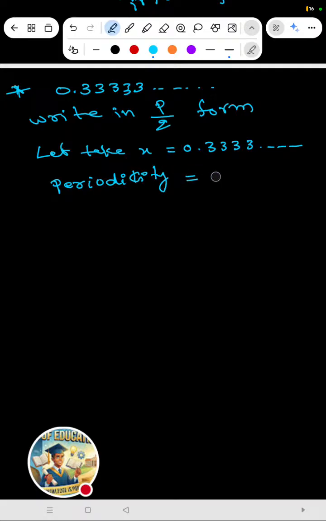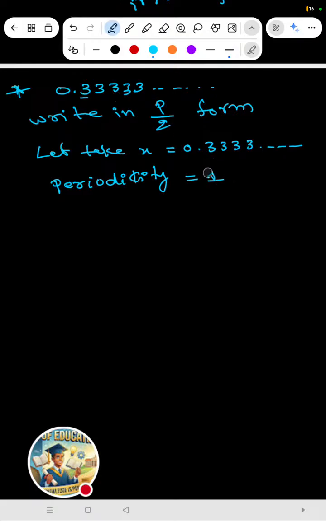Here only one number is repeating, so let's take x is equal to 0.3333 and it continues. What is the periodicity here? Only one number is repeating, that is 3, so the periodicity is 1.